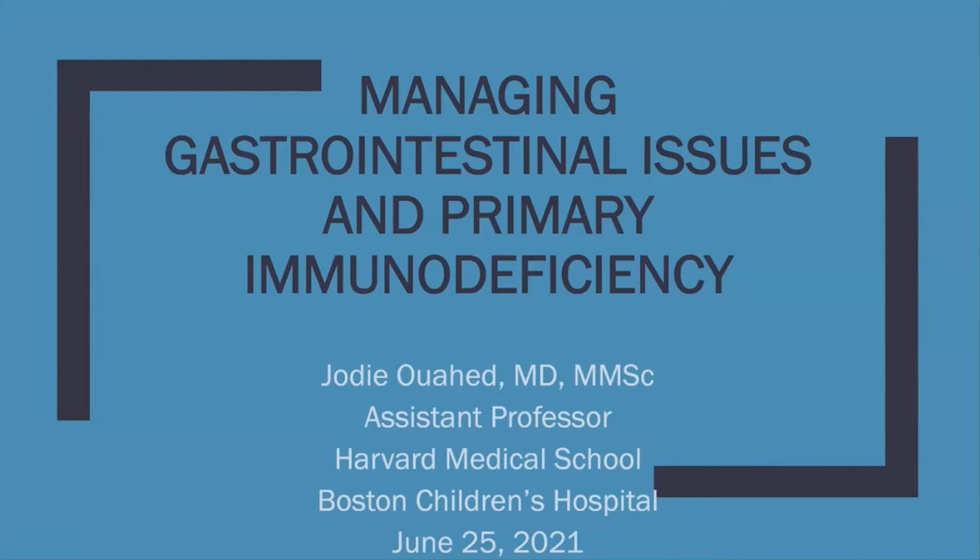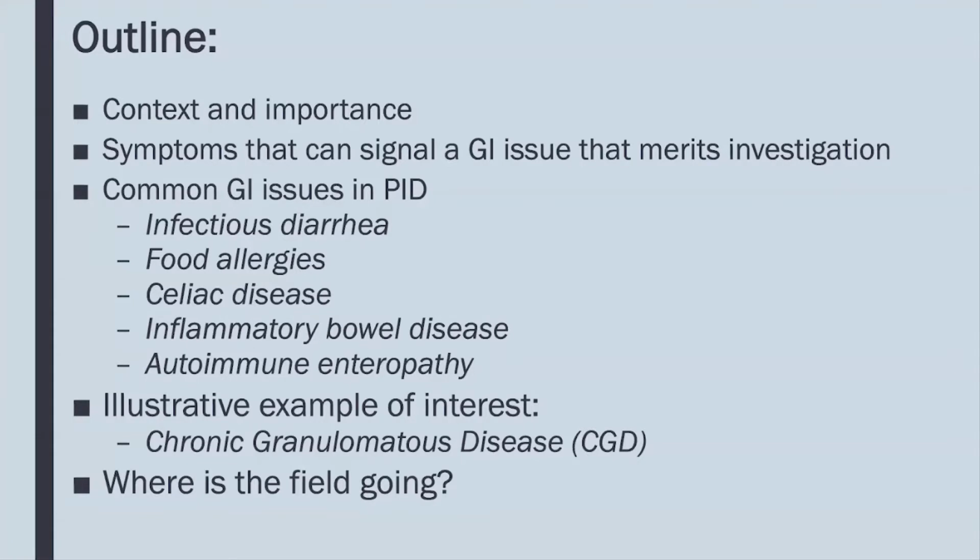As my title states, I'll be talking about managing gastrointestinal issues and primary immunodeficiency. So just to give you a little outline of what we'll be talking about today, to begin, I'll start with providing a little bit of context and explaining why this topic is of high importance.